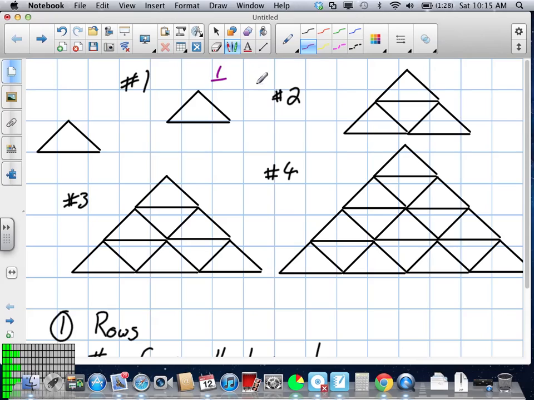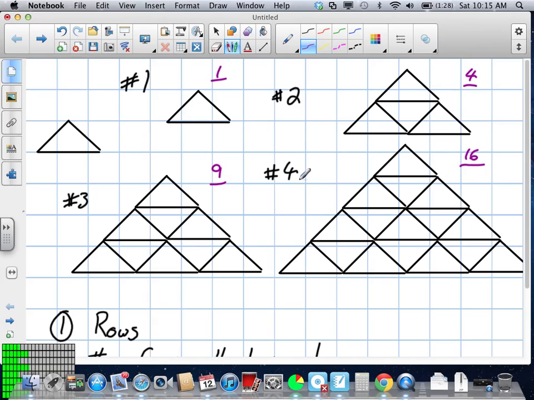How many in the next one? Four. That's right. How many in the next one? Nine. And then in the next one? 16. Yeah, that makes sense.